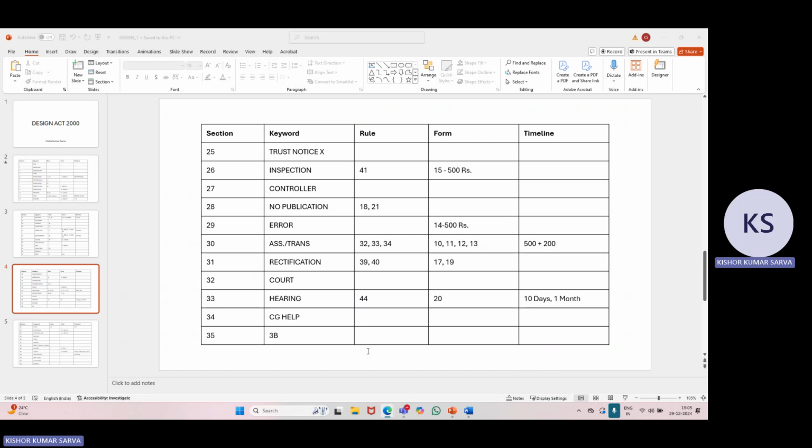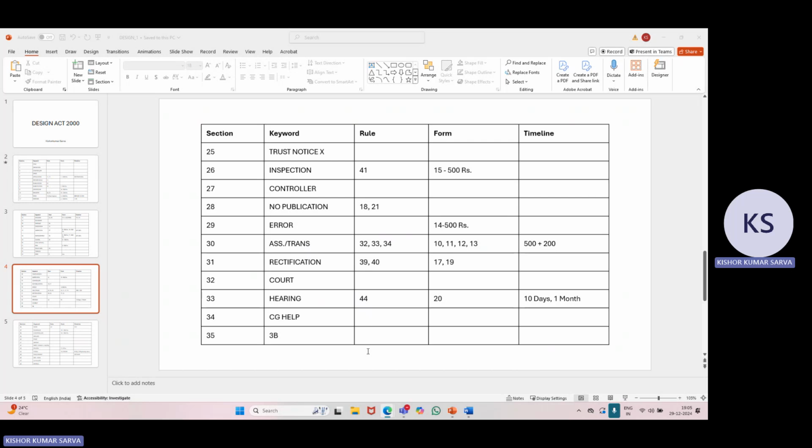Now, if there is no objection, you can do that. By filing form number 19, whose charges are 100, you can do objection. So this thing is written in rectification. Simple. Within 3 months, you have to do that.